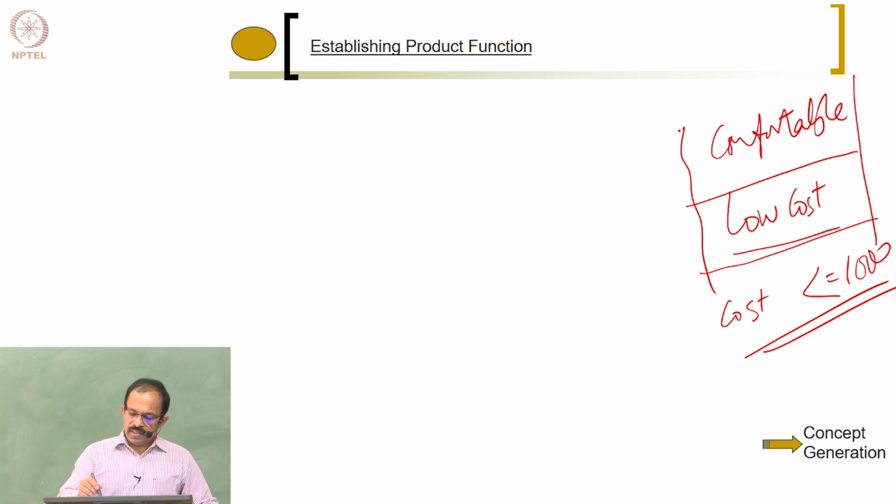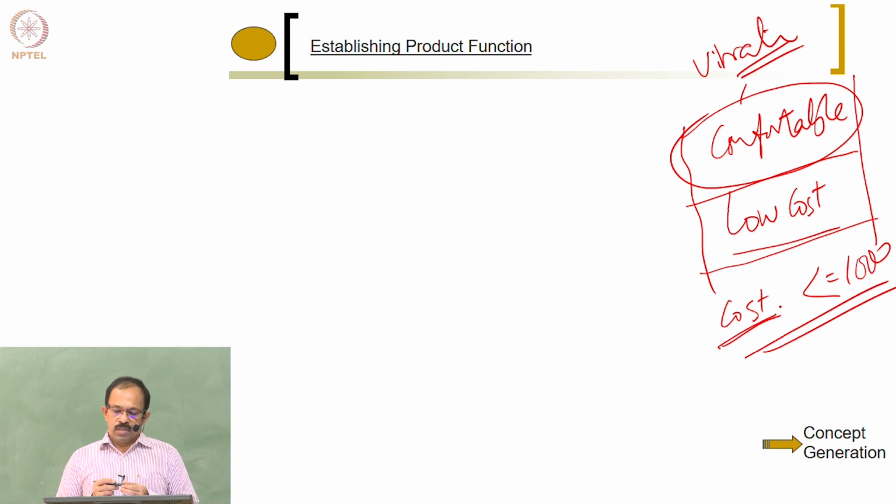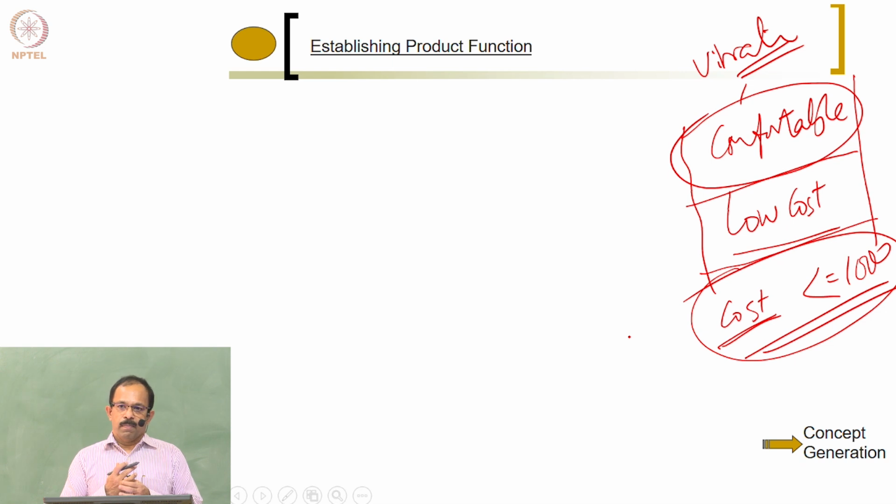But for comfortable, we identify some metrics and say that the vibration should be less, or you should not feel discomfort, you should not feel any jerk. So the vibration level or some other metrics we identify. When you start designing the product, you cannot really say how can I satisfy the cost. Cost can be satisfied by saying that it's a constraint in the design.